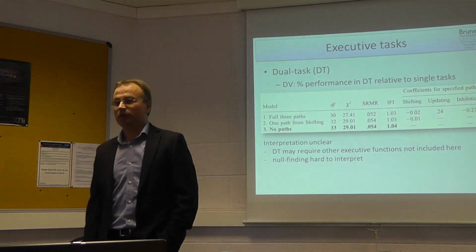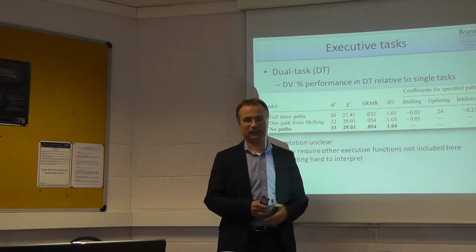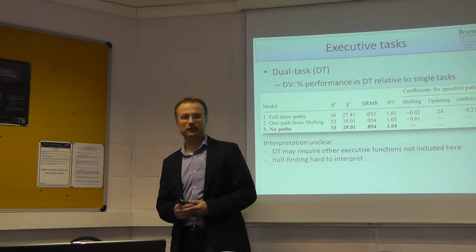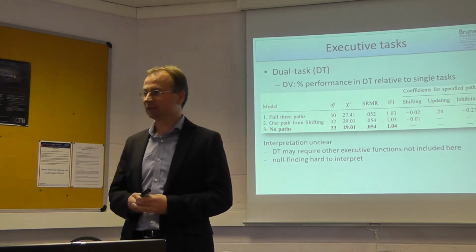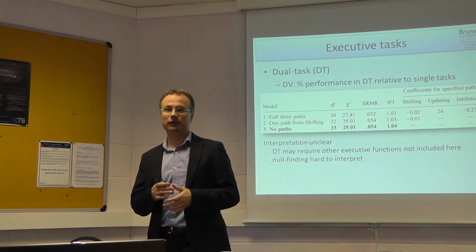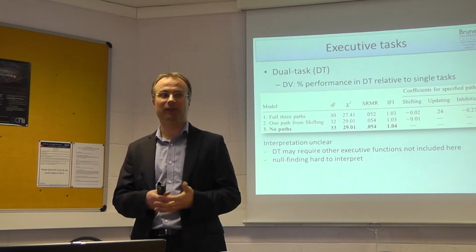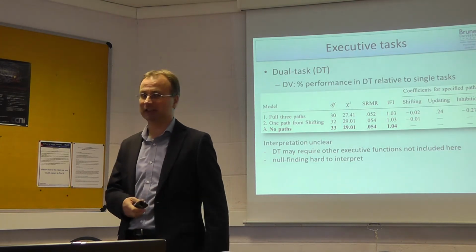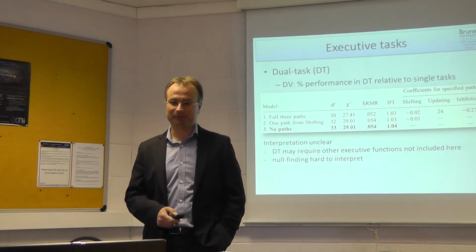And they are cautious in a way that they say, well, null findings are generally hard to interpret. You may remember from your statistics, if you do not find a significant result, so if you can't reject the null hypothesis, then usually you don't know anything. Because there's no evidence for the fact that the null hypothesis is true, actually. It just doesn't tell you anything.